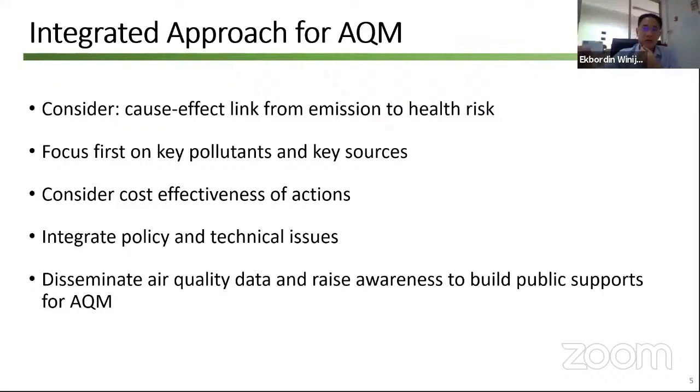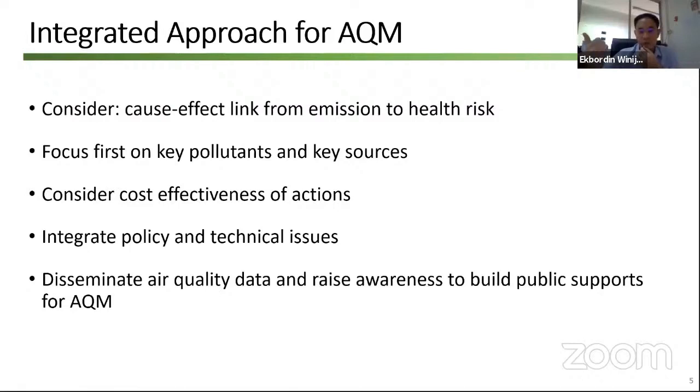But in order to get better air quality management, we need to have a system or process that considers from the cause to the effect, which is the health risk, starting from the source of the emission, so that we can see the overall picture of the system. The recommendation is that we need to focus first on the key pollutants and also the key sources. In developing countries, we have a lot of air pollution problems.